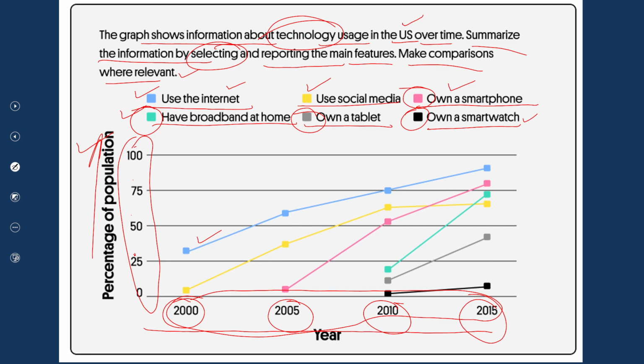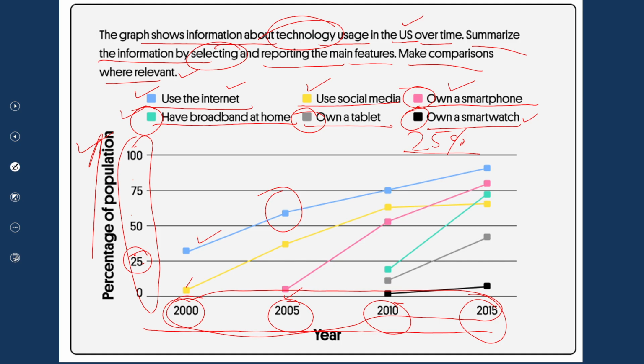In 2000, actually 25% of the people were using the internet. And in 2005, more than 50, 51 or 52% of the people started using the internet.